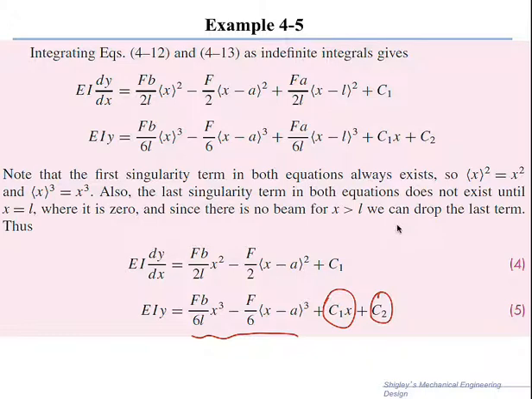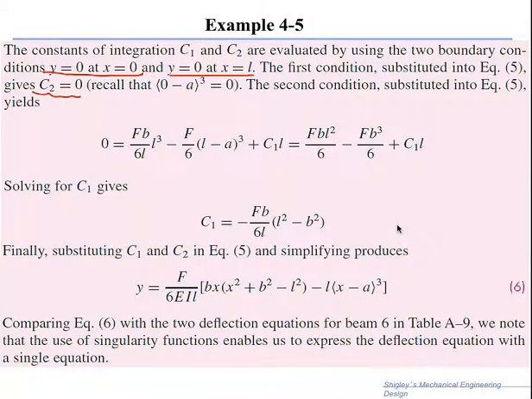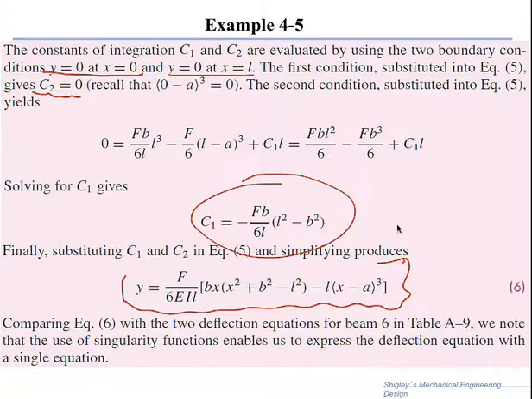C2 will be equal to 0 because everywhere else, when we substitute x equals 0, we get a 0. Note in particular that this term here does not exist when x is equal to 0, because it's a switching cubic polynomial at x equals a or greater, so that it exists for x equals a or greater. Moving forward, we can determine the constant C1, and finally we have an expression for the deflection that is one single expression.